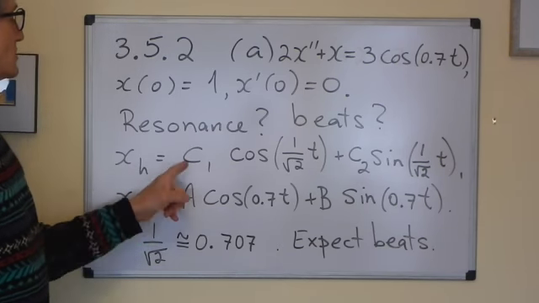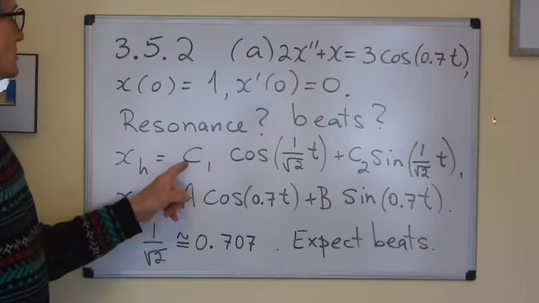And then we have the homogeneous solution, or the solution to the homogeneous equation, constant times cosine 1 over the square root of 2 t and constant times sine 1 over the square root of 2 t, which will match the initial conditions. Solving for the initial conditions, x of 0 equal to 1, x prime of 0 equal to 0, x of 0 is 150 plus C1, because the cosine terms are 1 and the sine terms are 0, so that's 1.